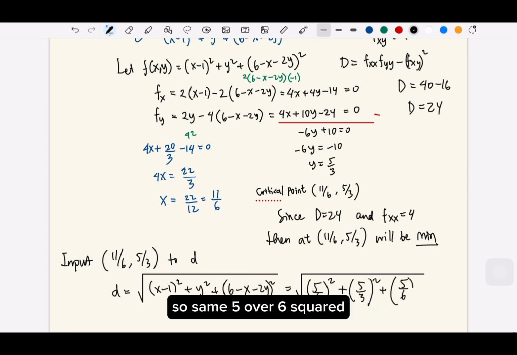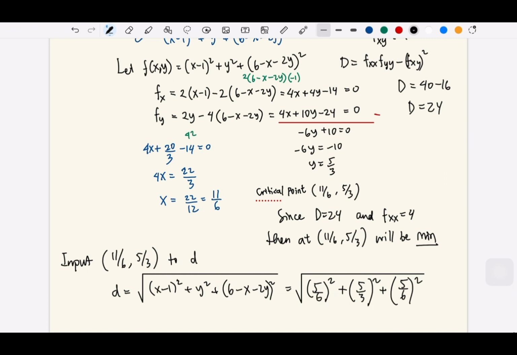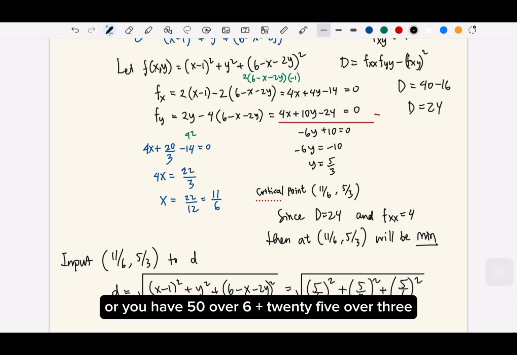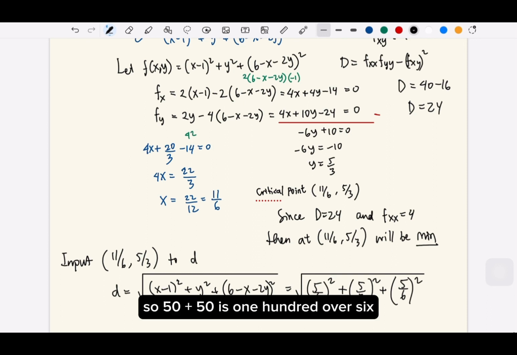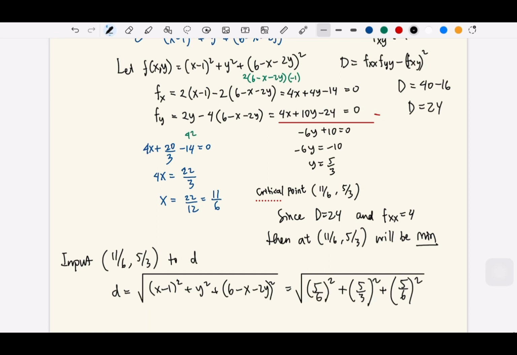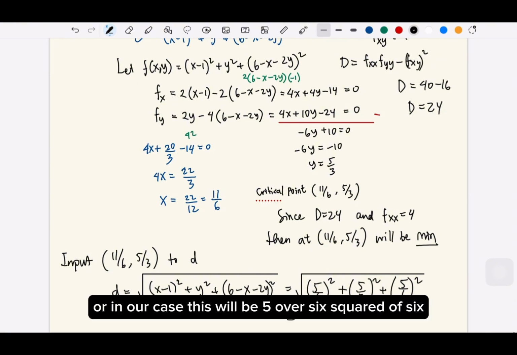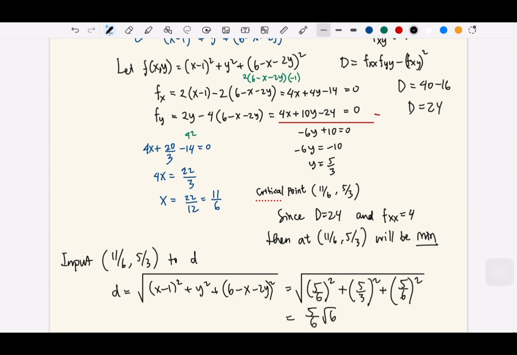So same 5 over 6 squared. So you have 50 over 6 plus 25 over 3. So 50 plus 50 is 100 over 6. 100 over 36. Or in our case, this will be 5 over 6 square root of 6. So this is the shortest distance.